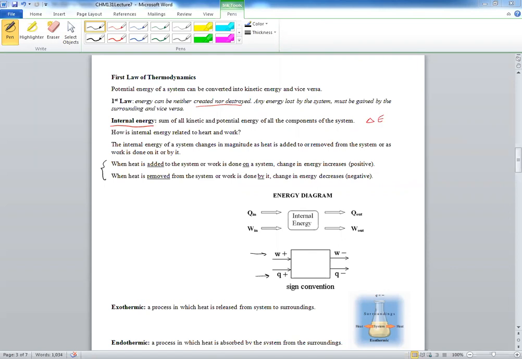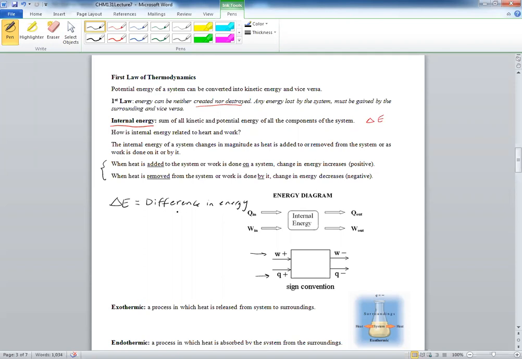So let's look at what delta E means. When you talk about the symbol delta E, delta means the difference in energy, or any difference.